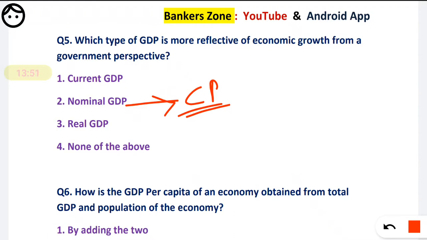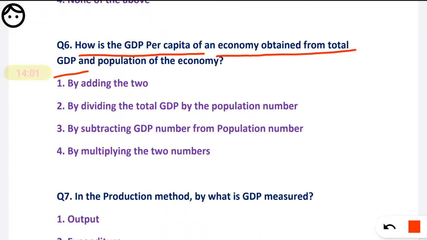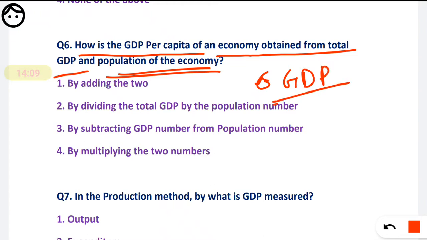Now question number 6: how is the GDP per capita of an economy obtained from total GDP and the population of the economy? Basically they are asking how the GDP per capita is calculated.